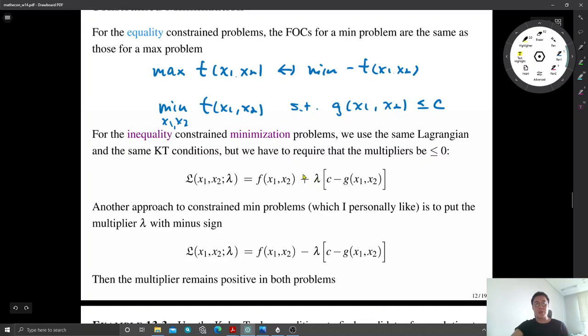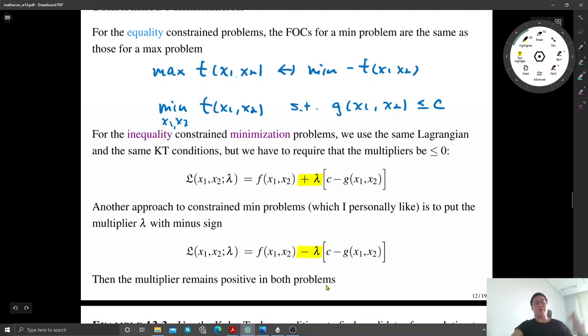So change this plus lambda to minus lambda. Then we can still use the same Lagrangian except this difference. And then the sign of the multiplier remains positive in both the maximization problem and the minimization problem.